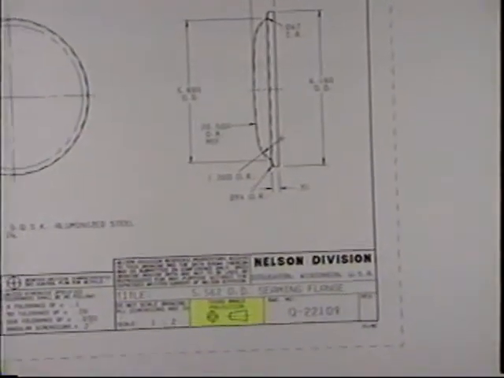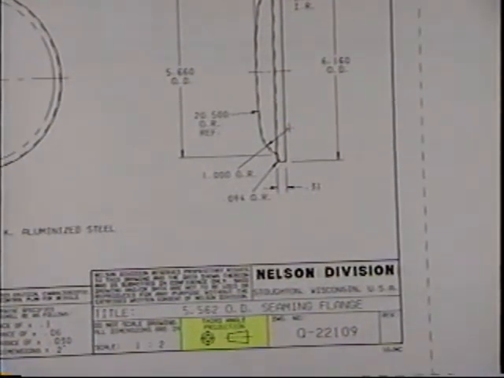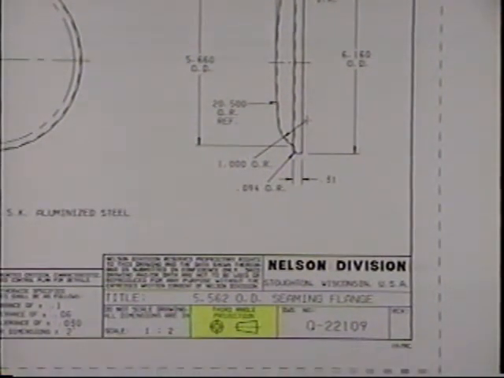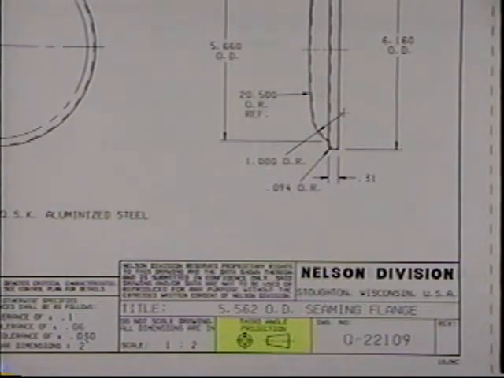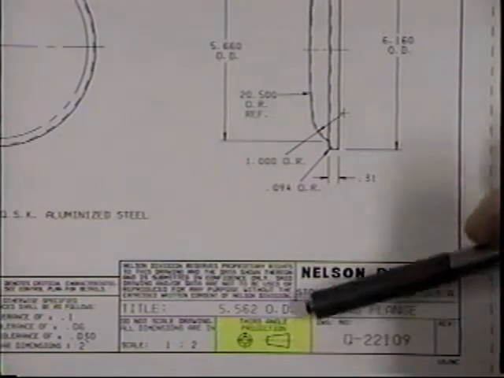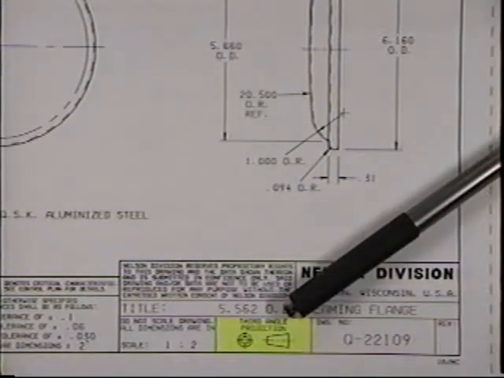We can zoom in on this drawing, and immediately you can see there are symbols in the title block that we identify as third angle projection. And there are the symbols right there. We've colored it in with a yellow marker so you're able to see third angle projection.